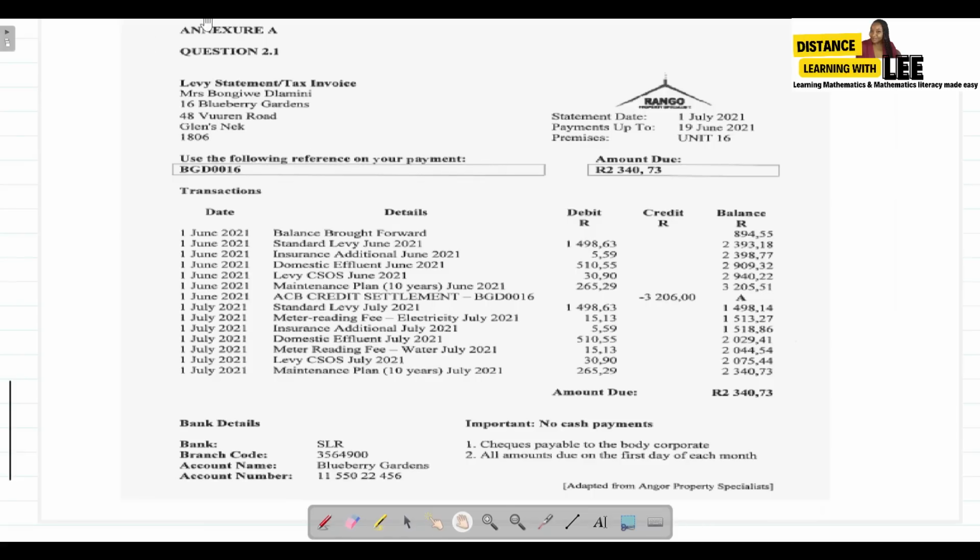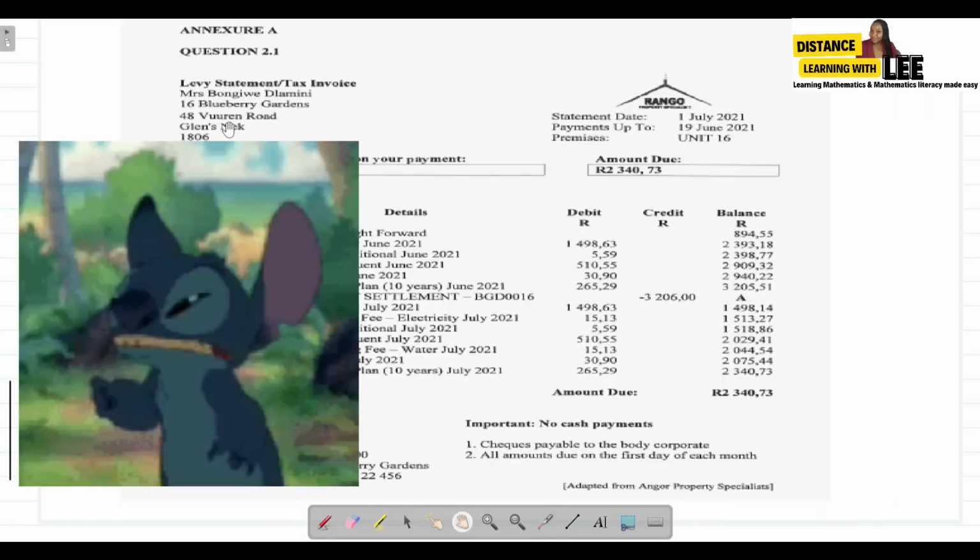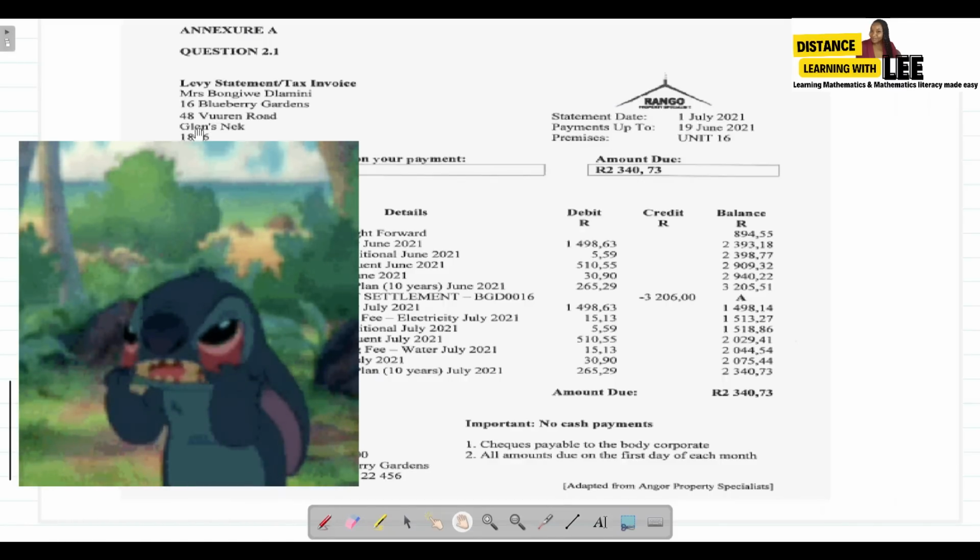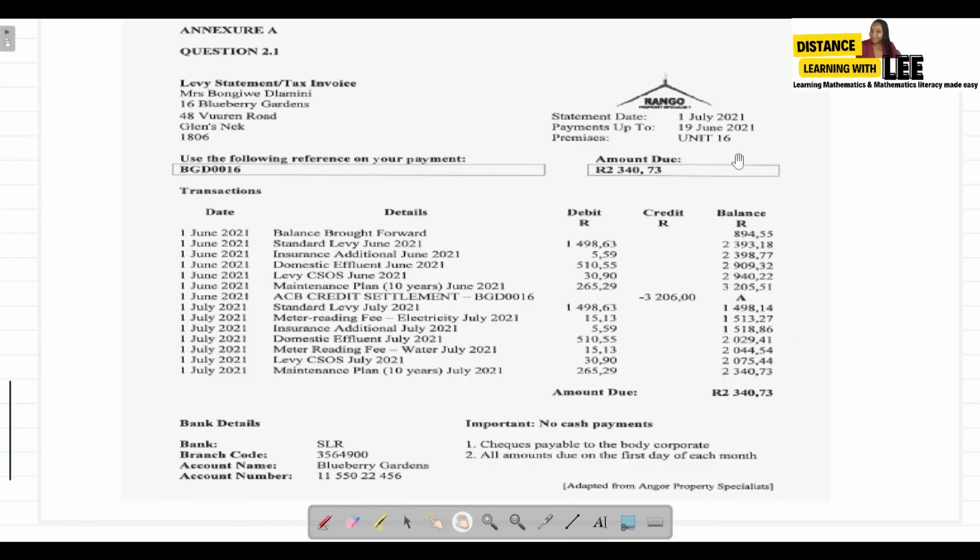All right, so let's just have a look at what is going on here. We are told that this levy statement, or tax invoice, was issued by Rango Property Specialists to Mrs. Bongiwe Dlamini, and she stays at 16 Blueberry Gardens, 48 Foreign Road in Glens Neck. This is her unit number 16, right?